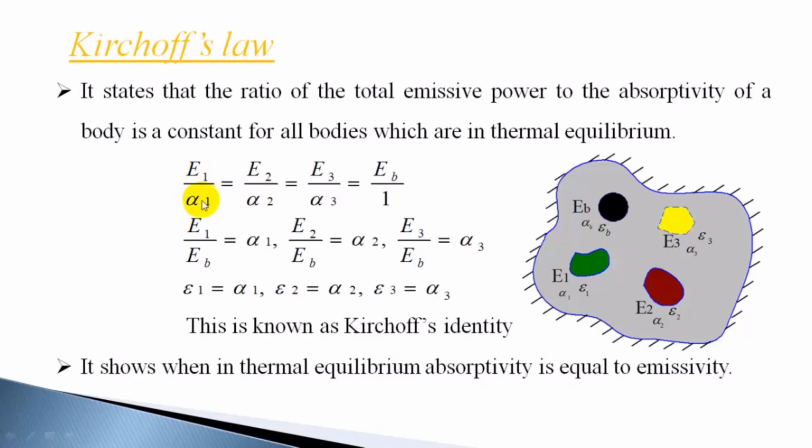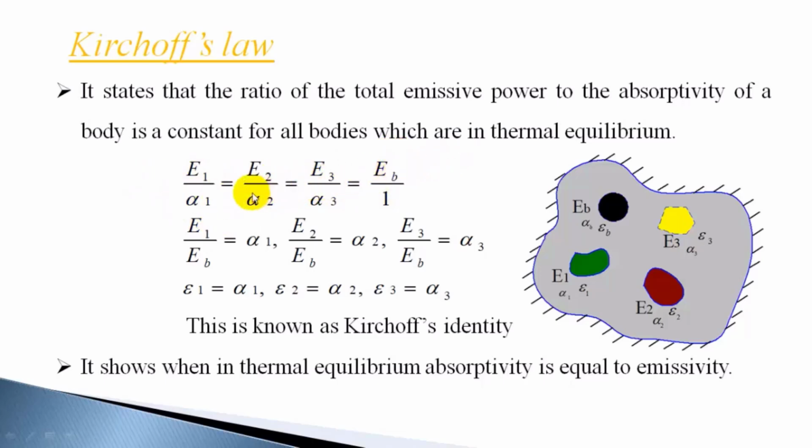So the equation I have written here: E1 by alpha 1 is equal to E2 by alpha 2 is equal to E3 by alpha 3 is equal to EB by 1. So Kirchhoff's law states that when bodies are in thermal equilibrium with their surroundings, the ratio of total emissive power to absorptivity is a constant for all bodies which are in thermal equilibrium with their surroundings. So now taking the first term and last term, we can rearrange this E1 by EB.